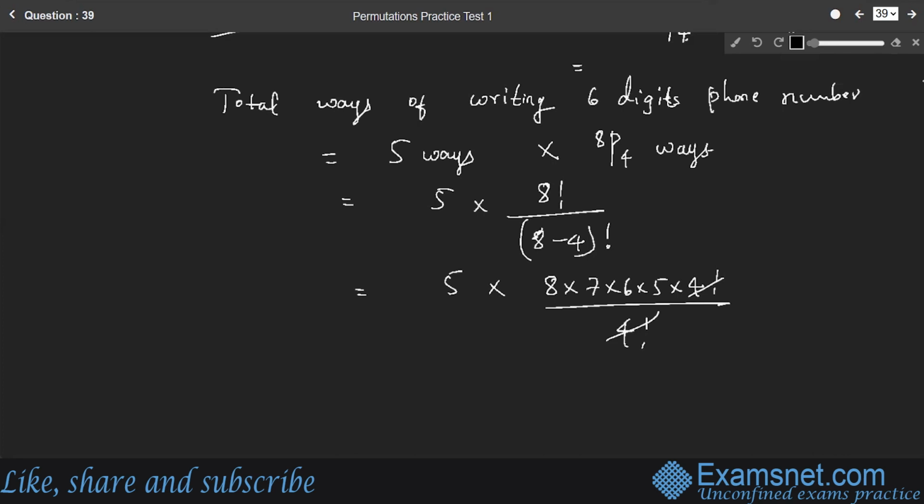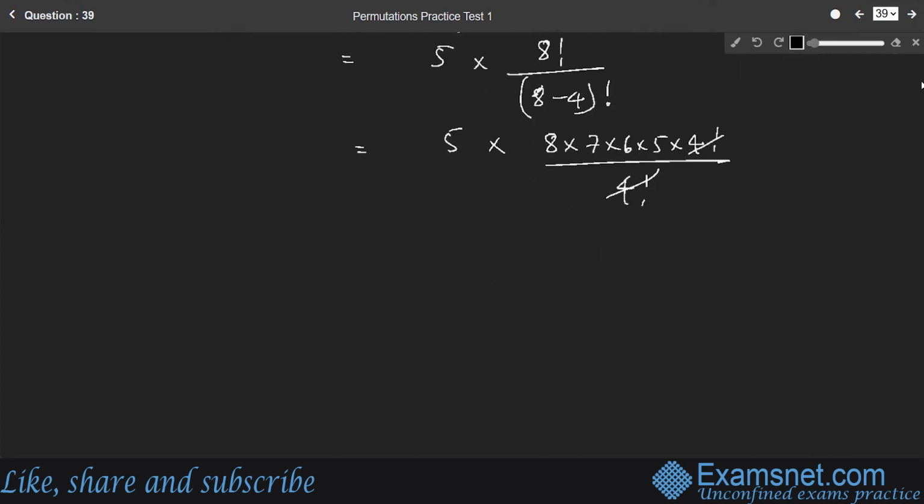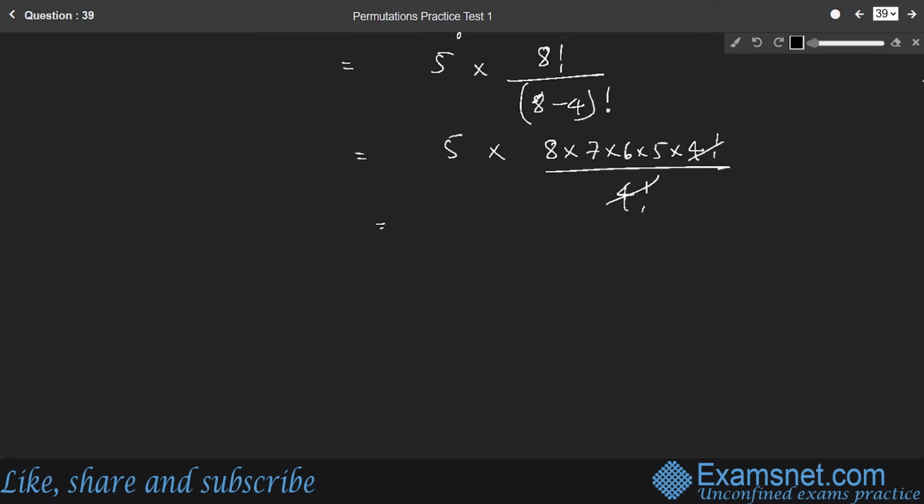Now simplify it. 8 into 7 into 6 into 5 into 5, so 8,400.